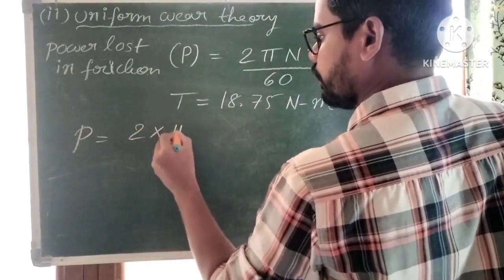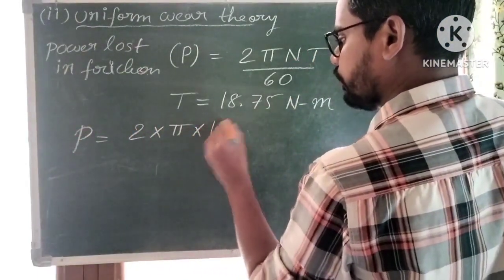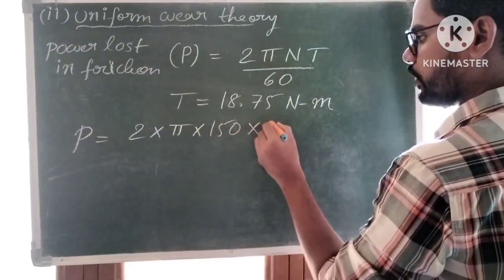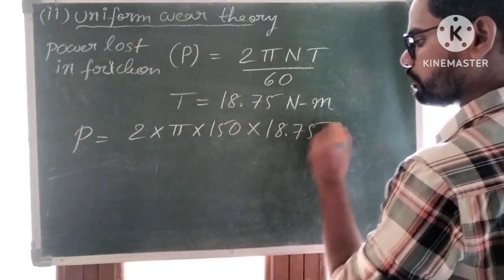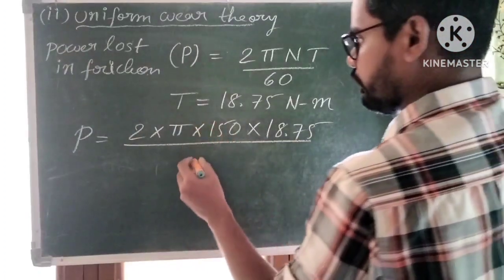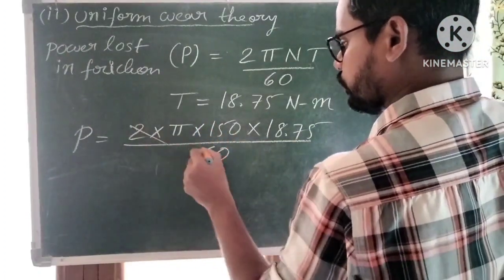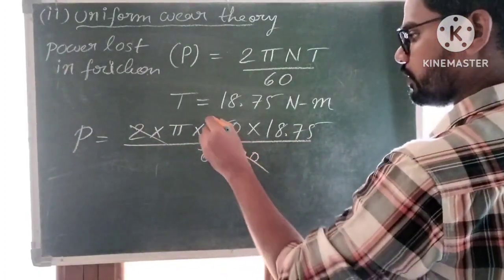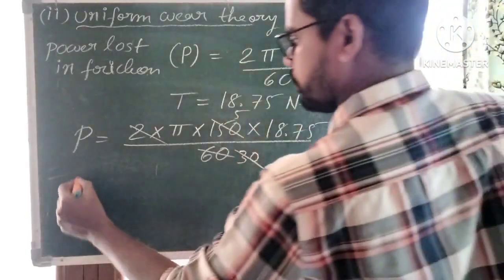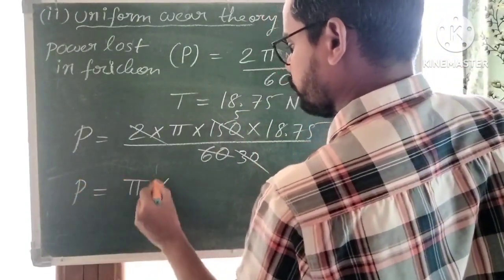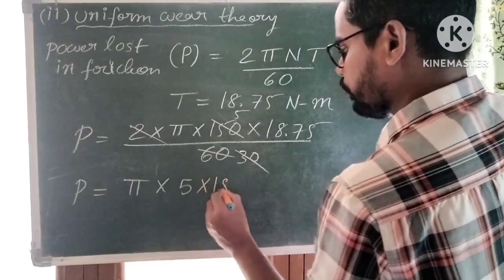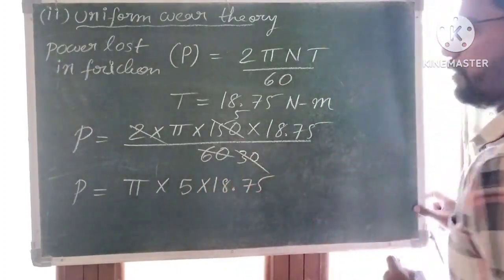2 into pi into N value 150 rpm into torque 18.75, whole divided by 60. So 2 ones are 2, 30s are 60, 3 ones are 3, and 3 fives are 15. So P is equal to pi into 5 into 18.75.